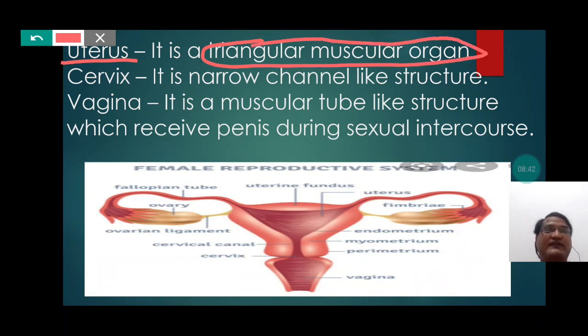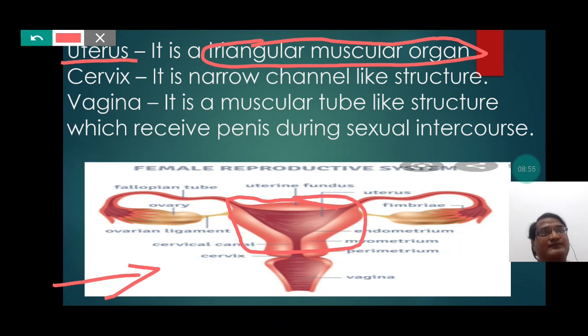So students, let's understand uterus with the help of this picture. Here we can easily notice the triangular muscular organ which we call the uterus.